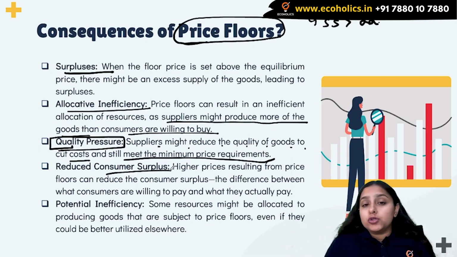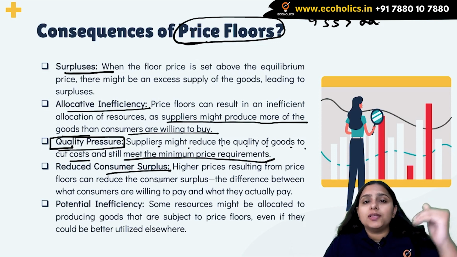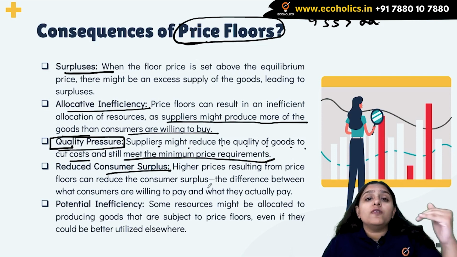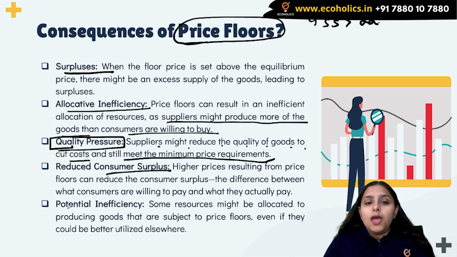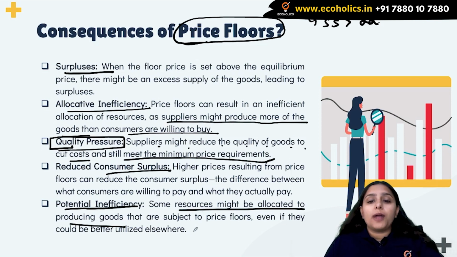Consumer surplus also reduces because a higher price always leads to lower consumer surplus. Potential inefficiency: some resources might be allocated to producing goods that are subject to the price floor, even if they could be better utilized somewhere else.